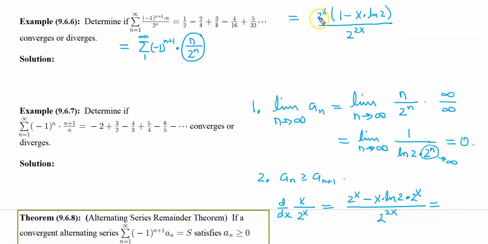All right. Now 2 to the x divided by 2 to the 2x, well, that's just going to be 1 over 2 to the x power, right? Or you can think of rules of exponents. This would be 2 to the x minus 2x times 1 minus x times ln 2.